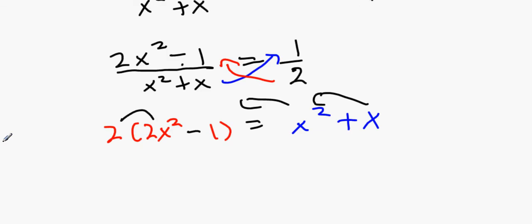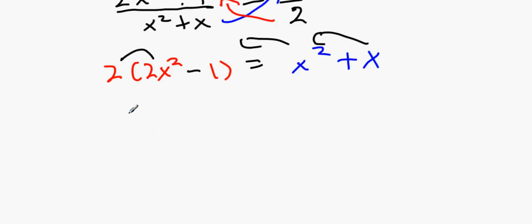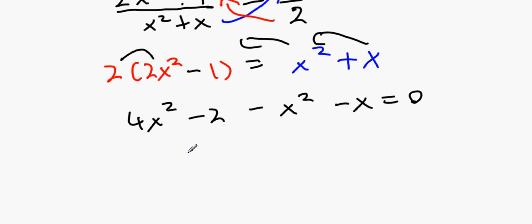Okay, and now we can multiply it out and we get 4x squared minus 2 minus x squared minus x equals 0. And what we can get here is 3x squared minus x minus 2 equals 0.